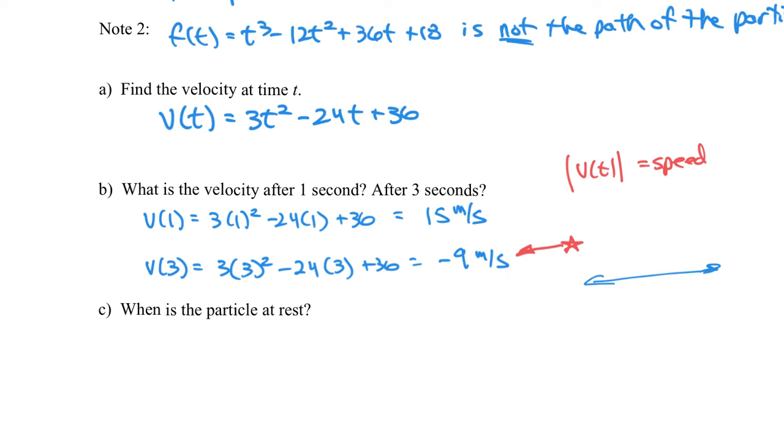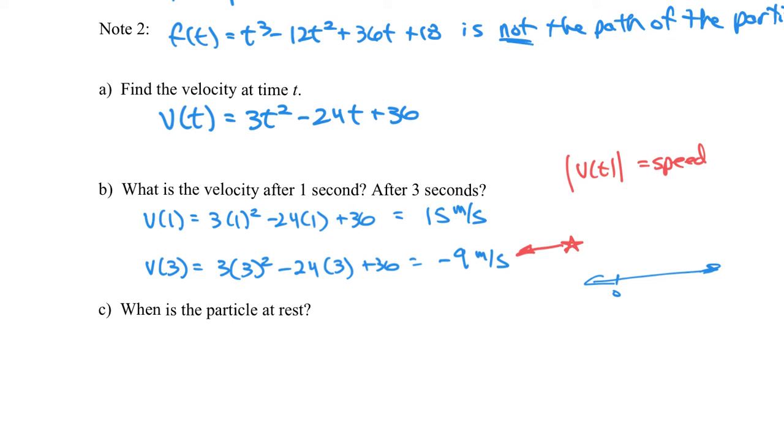In this first case, 15 meters per second. So if we have some number that is the origin, or 0 on the number line, 15 meters per second means we're going in this direction. We're going to the right at 15 meters per second. But -9 on left-right motion means we're going to the left. We're going in this direction, 9 meters per second.